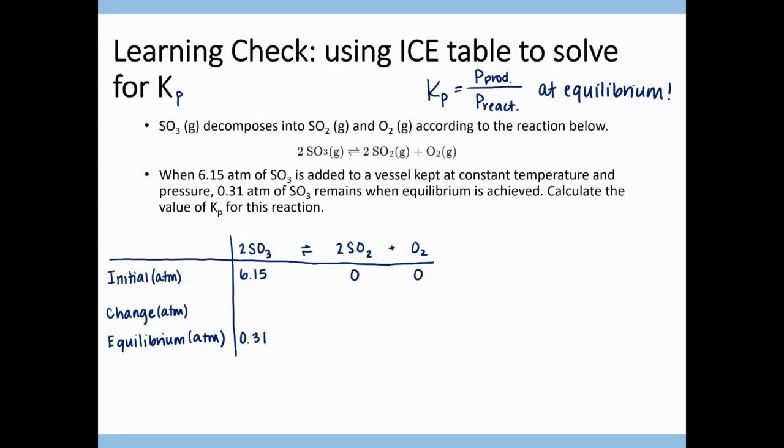Now if we have 6.15 atm of SO3, 0 SO2, and 0 O2, which direction is the reaction going to proceed? To the product or to the reactant side? Are we going to form product or form reactant?